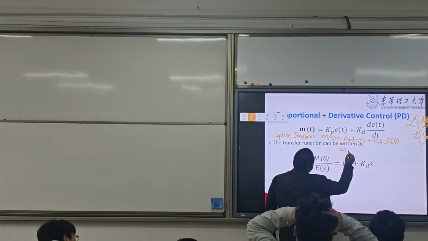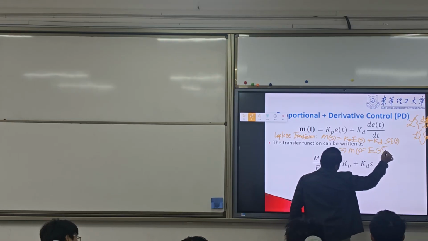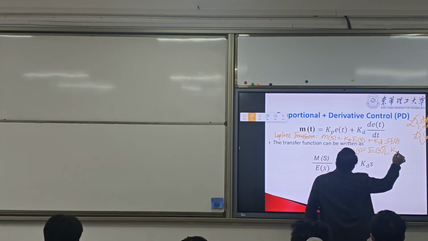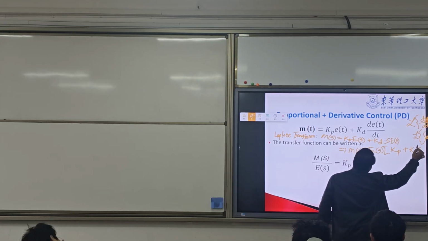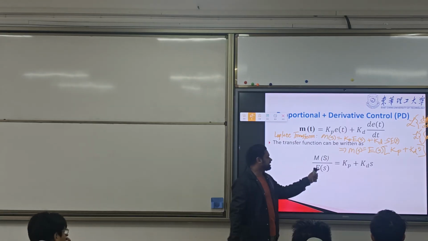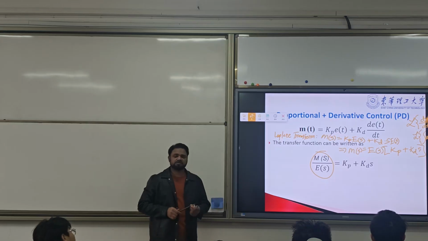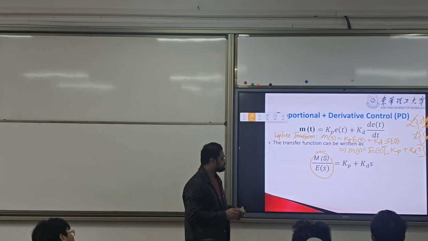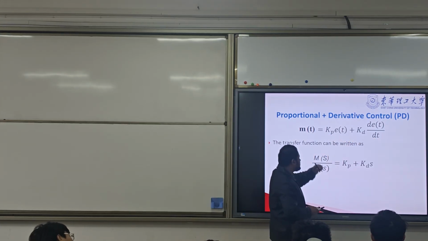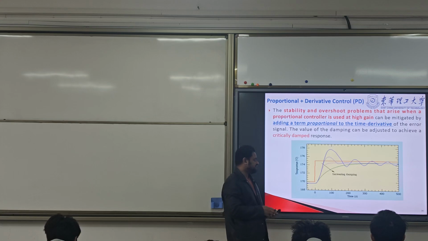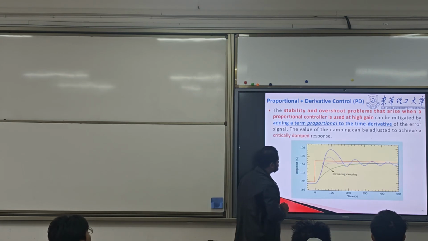So now you can write es into kp plus kd into s. So you will have a transfer function ms by es equal to kp plus kds. Now what is the advantage of this PD control? Now look at this PD control.